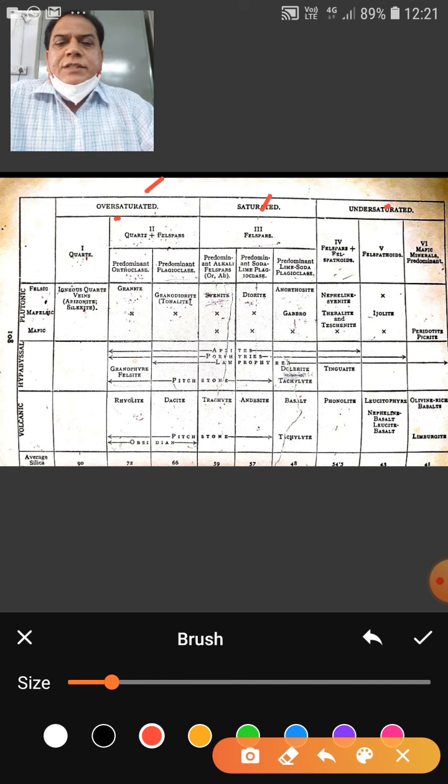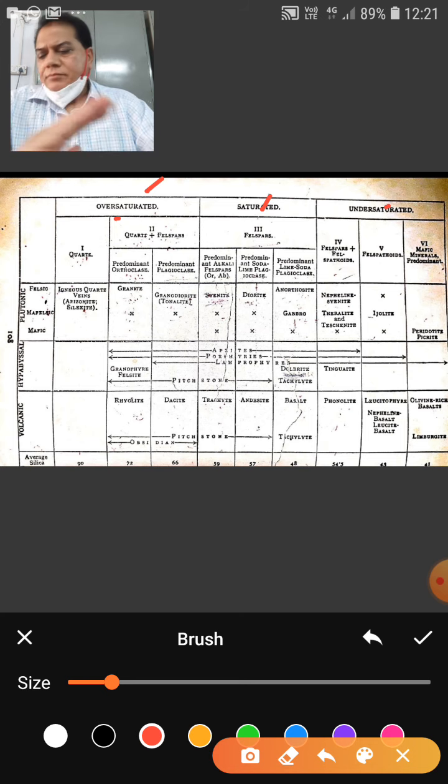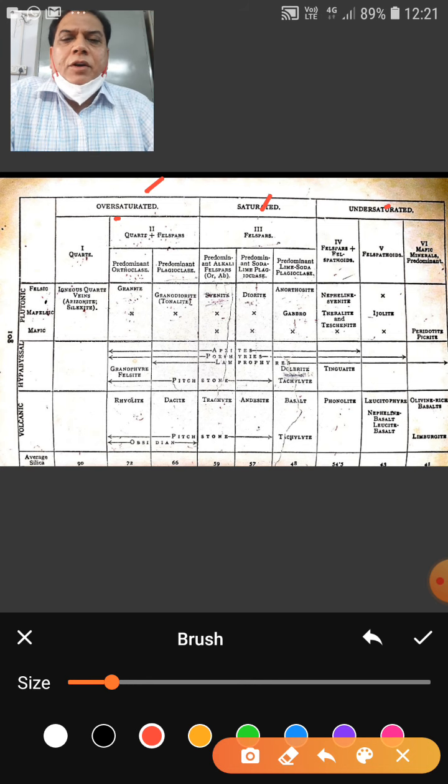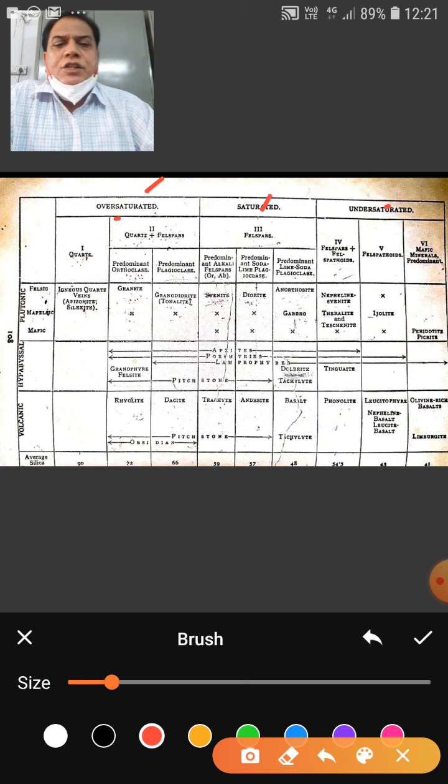We all know that oversaturated rocks are those which have free silica or quartz as essential mineral. So all those igneous rocks which have quartz as essential mineral are categorized as oversaturated rocks. Then saturated means they have minerals which are capable of existing in presence of free silica, and those are the feldspars. And third is the undersaturated rocks, meaning they have unsaturated minerals. Unsaturated minerals are your feldspathoids and your mafic minerals.